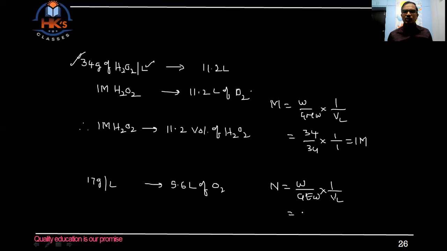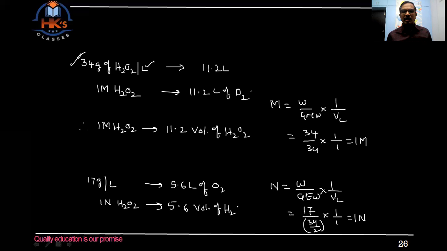The weight of H2O2 to be considered here is 17 grams. The equivalent mass of hydrogen peroxide is 34 divided by 2, because H2O2 is an acid with 2 replaceable hydrogens. 34 by 2 is 17, into volume of 1 liter, therefore this is a 1 normal solution. From this we can conclude that 1 normal hydrogen peroxide has a volume strength of 5.6 volume.